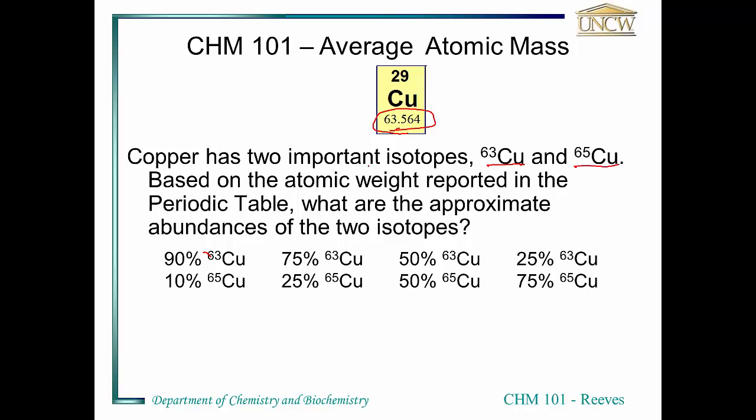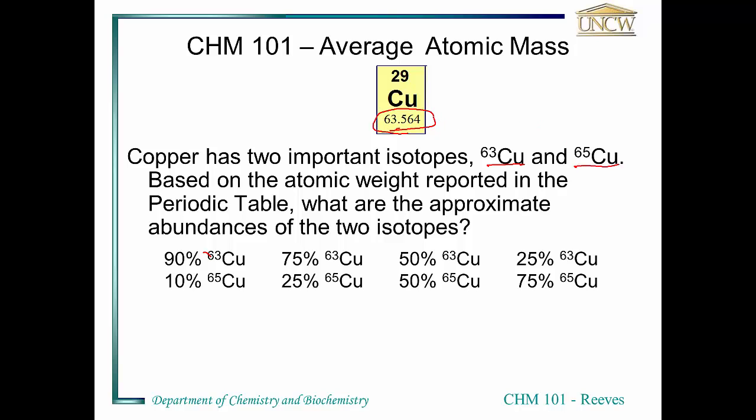But before we do that, let's look at the problem from the standpoint of what's likely to be the answer. Notice that if equal amounts of copper 63 and copper 65 were present in a sample of copper, you would expect the average atomic weight to be right in the middle, or at exactly 64.